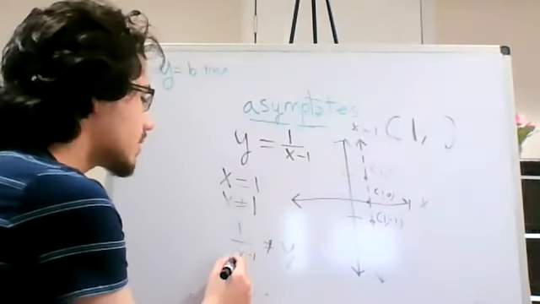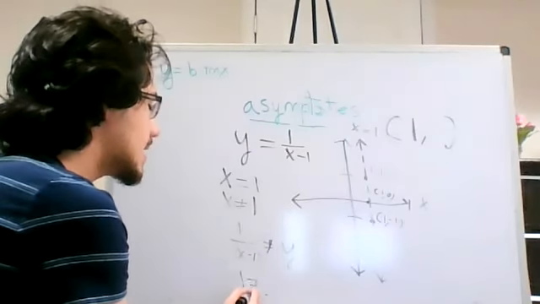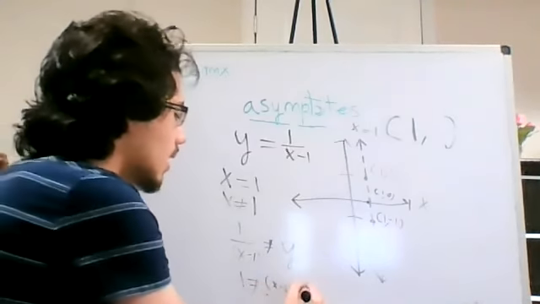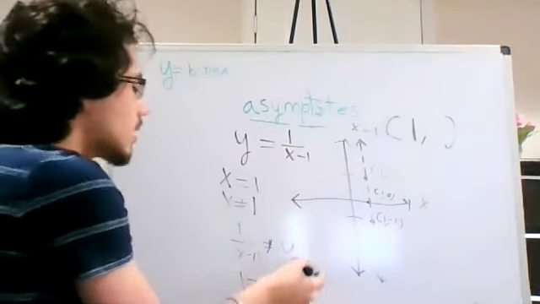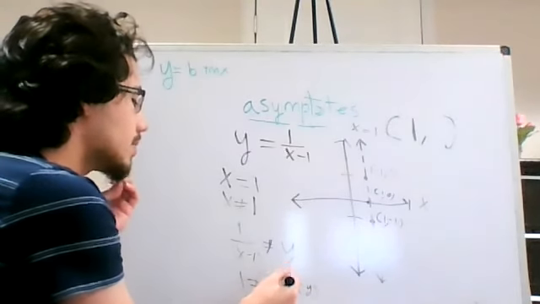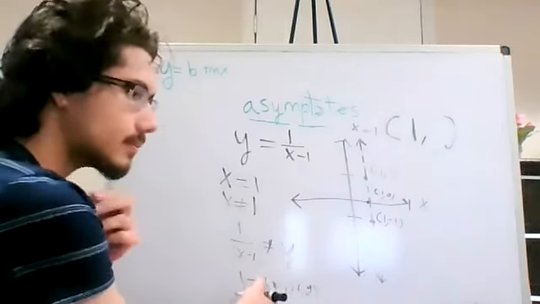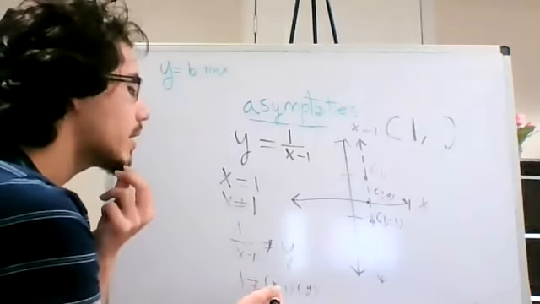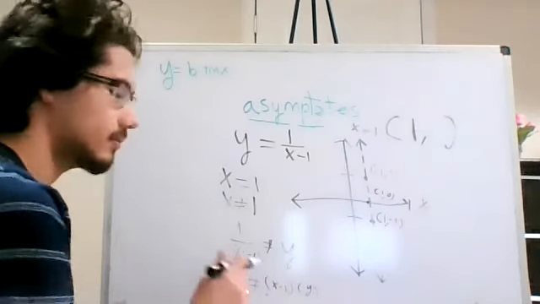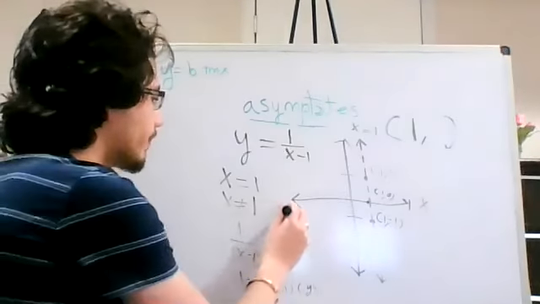We can multiply this on both sides, and we can say that 1 is equal to our function x minus 1 of a number. So this number y has to be something that you cannot multiply x minus 1 to get 1. And in this case, we know that y has to be 0. So y cannot be 0.